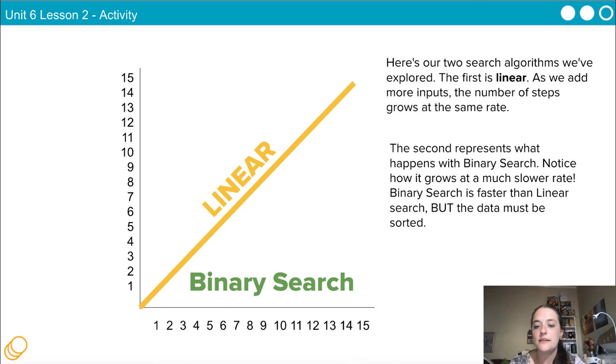And the second search is a binary search, and it grows at a much slower rate, but it is faster than a linear search. So a linear search is 1-to-1 every single time, okay? As the number of instances go up, so does the number of steps. Binary search, it's a very slow curve. So that's a good thing.